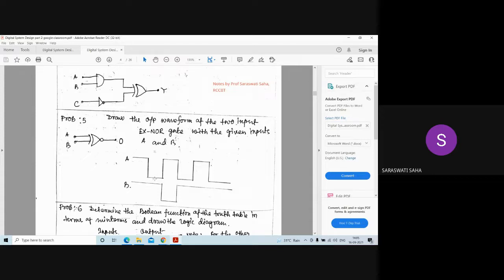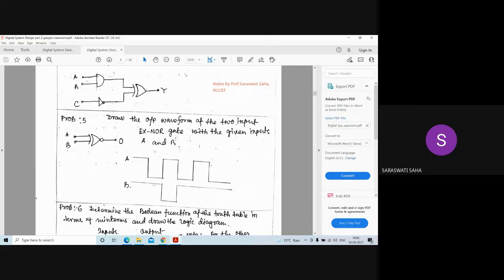If any one is high, then the output will be high in case of an XOR gate. Then for the XNOR gate, what will be the output voltage level?